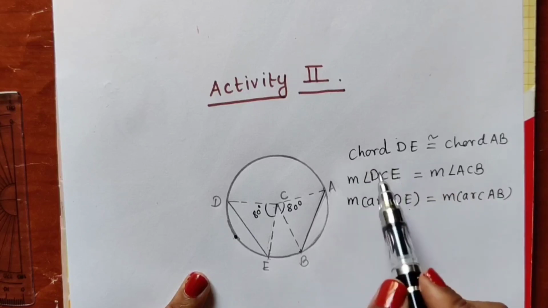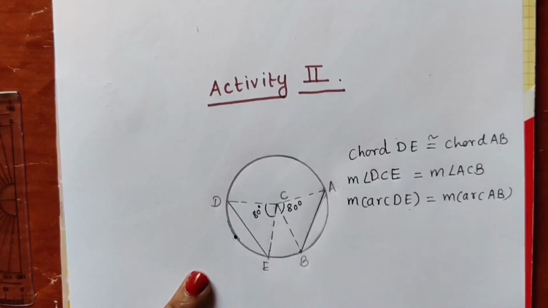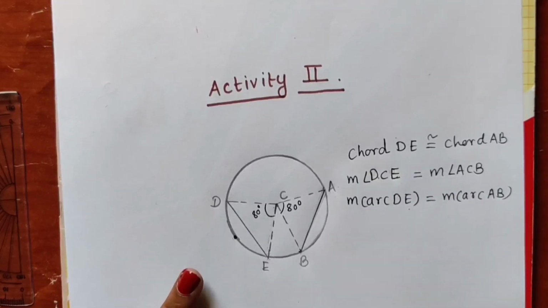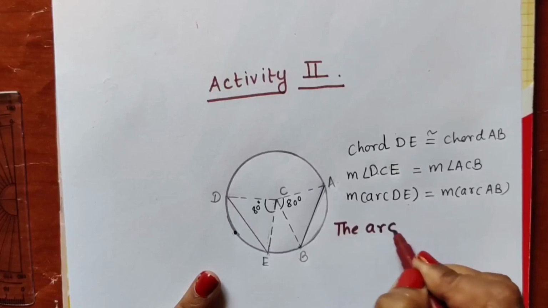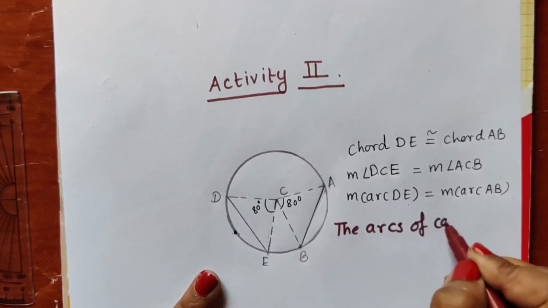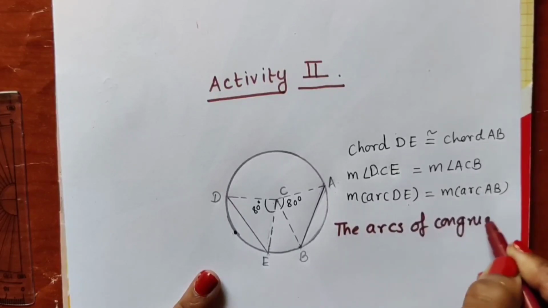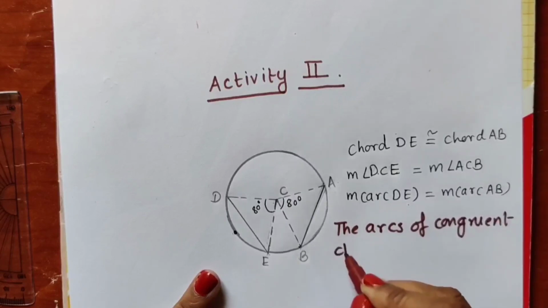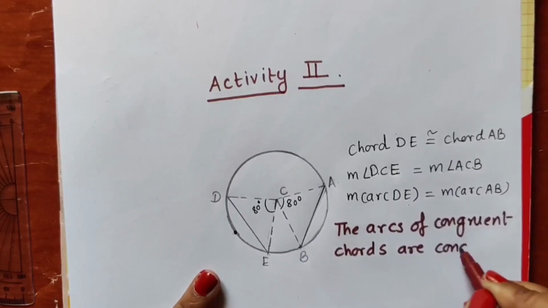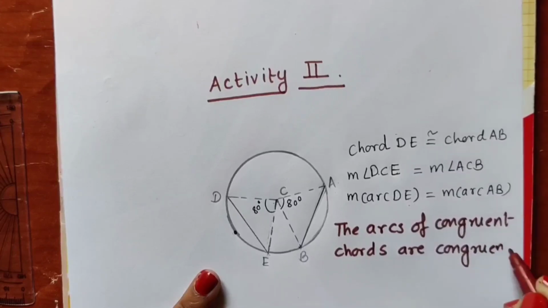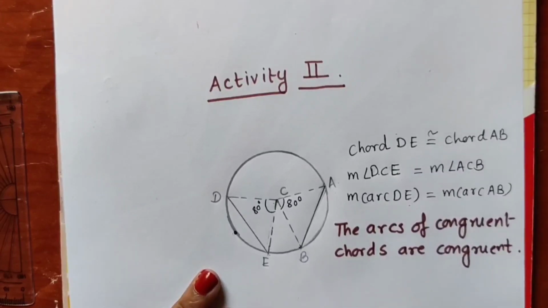So from these three steps, what conclusion can we come to? We can come to the conclusion that the arcs of congruent chords are congruent. So arcs of congruent chords are congruent and chords of congruent arcs are also congruent, which we have seen in the first activity.